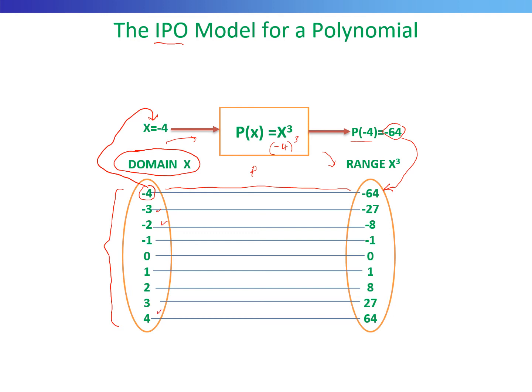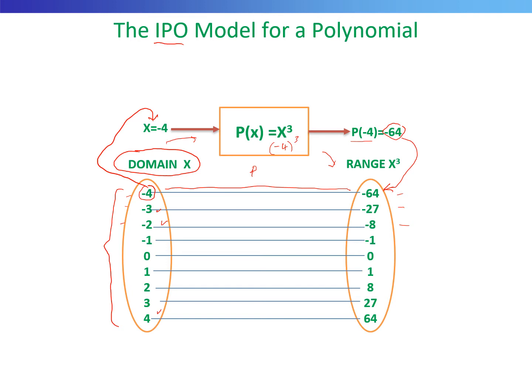If we think of the domain as a machine that for each of its members produces a match in the range, then the process produces negative 64 for negative 4.